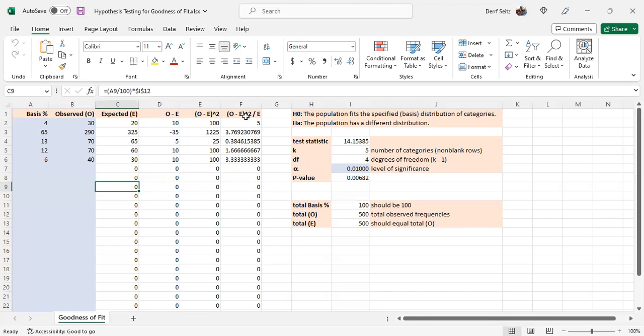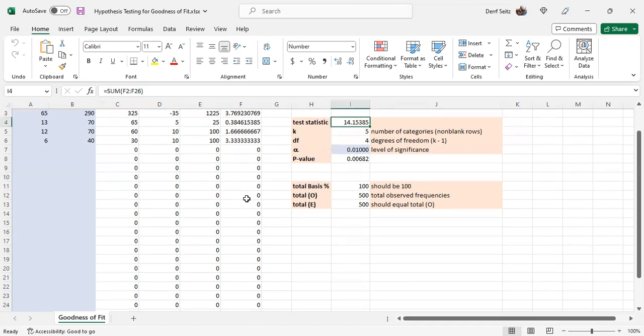Then these next 3 columns calculate progressively towards the test statistic. Observed minus expected in this column, the square of that next, and that divided by E in the last column. And the test statistic is the sum of the values in the last column.